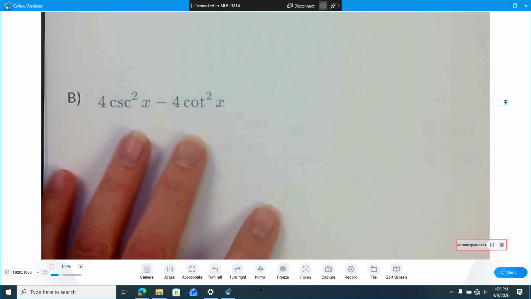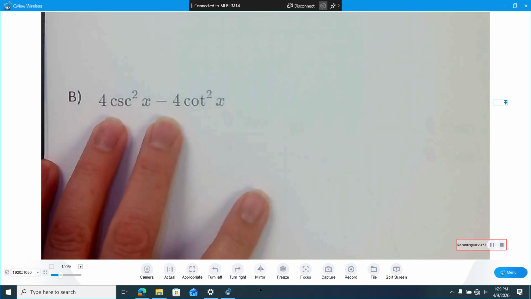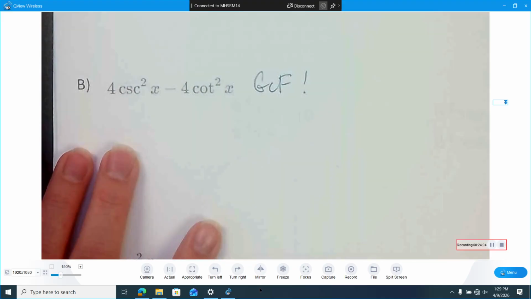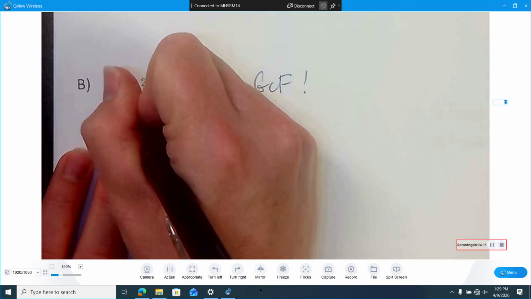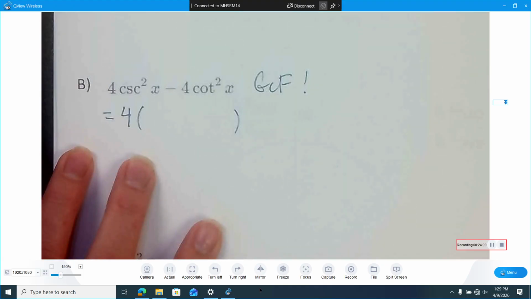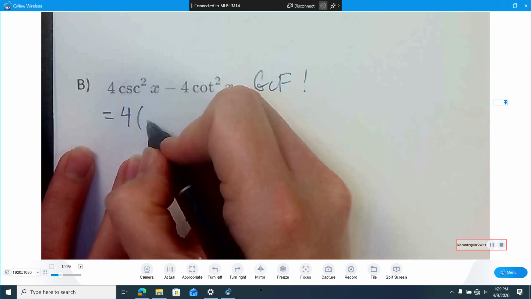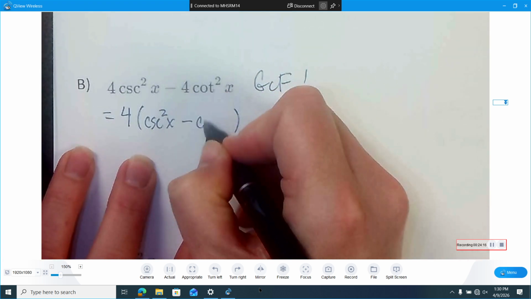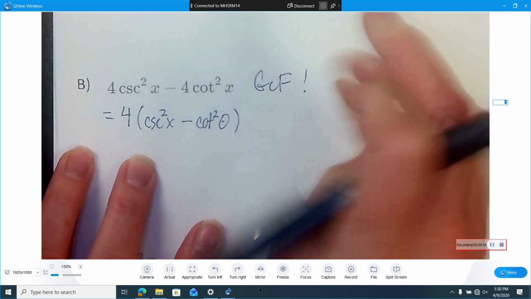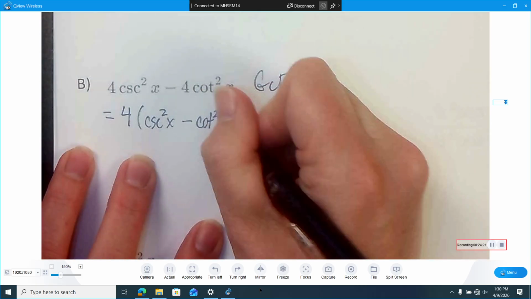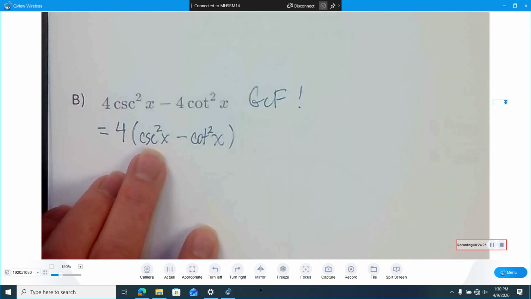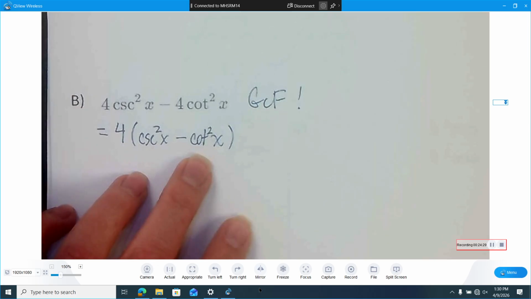This one, first of all, I'm looking and I see that I've got a GCF here. What do they have in common? A 4, sure. So I'm going to pull out a 4. If I take out a 4, what's left behind? Minus, I keep writing thetas. Minus cotangent squared of x. Good. So cosecant squared x minus cotangent squared x.